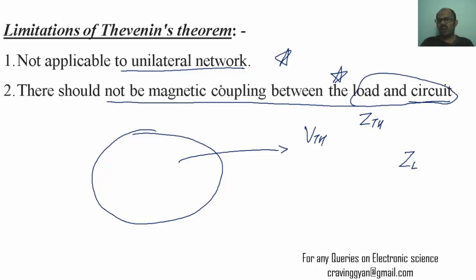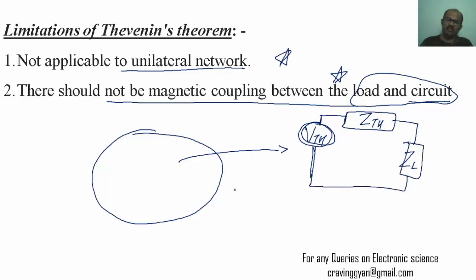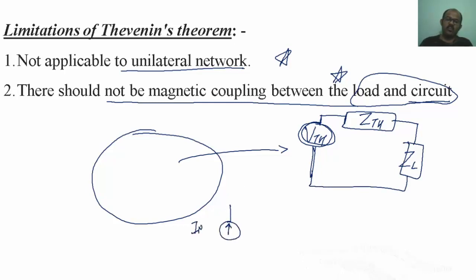So, in this video I have talked about Thevenins theorem. In the next video, let us discuss about Norton's theorem. Thevenins theorems and Norton's theorems are dual to each other. So in the case of Thevenins theorems, what you are going to do is you are going to write a Thevenins voltage over here in series with you are going to represent a Thevenins impedance. In series with you are going to connect a load impedance. But in the case of Norton's, you will be finding a Norton current, or you are going to call it as a short circuit current.